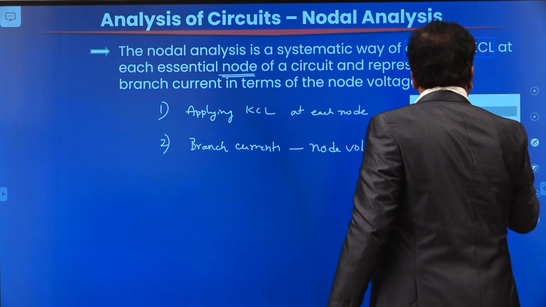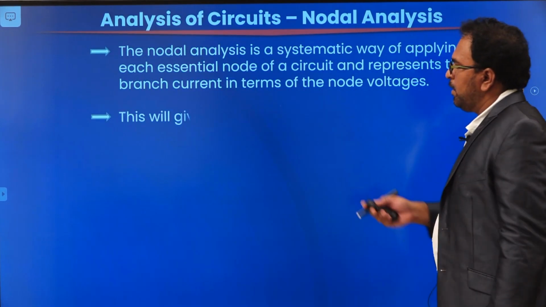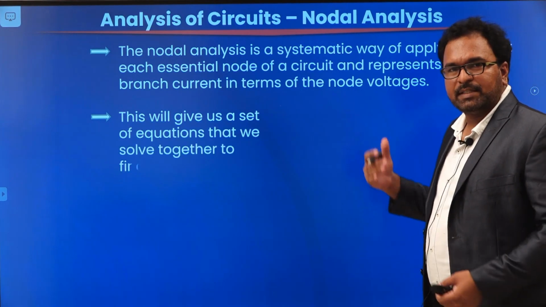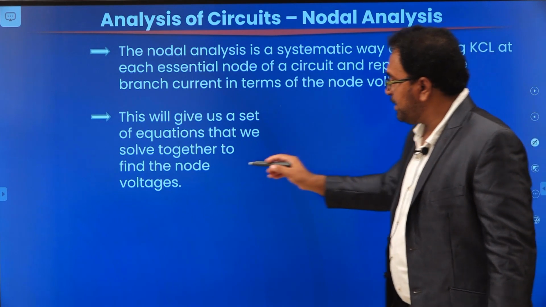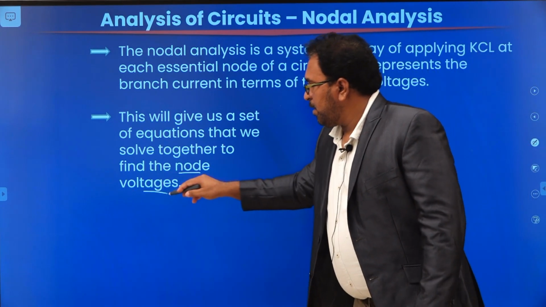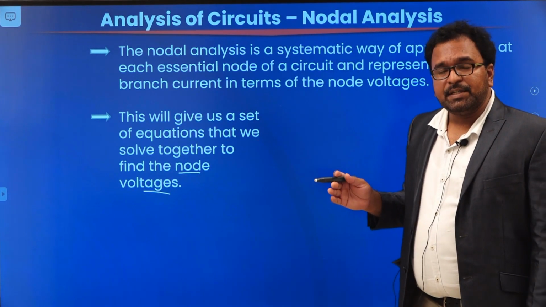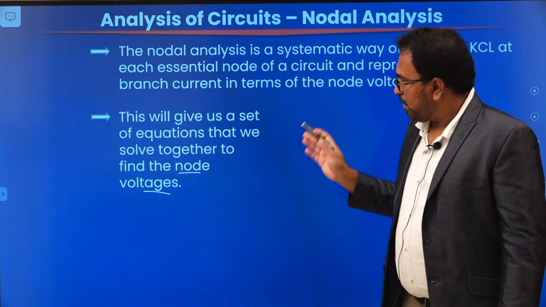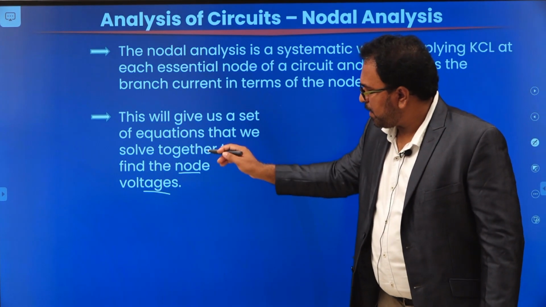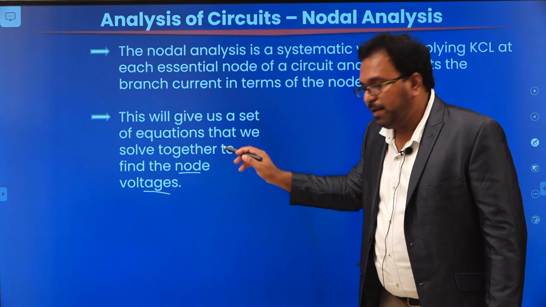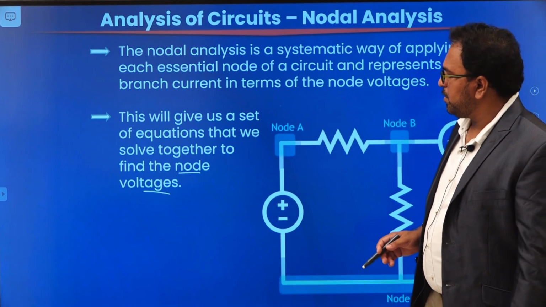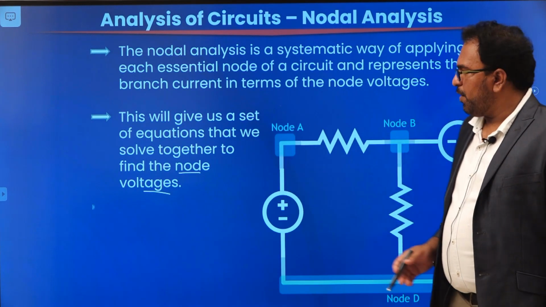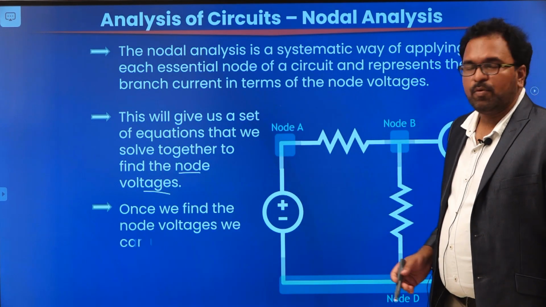Next, similar to mesh analysis, this process also gives a set of equations, but here in terms of node voltages, whereas there we get equations in terms of mesh currents. When we solve these equations, we get the node voltages.